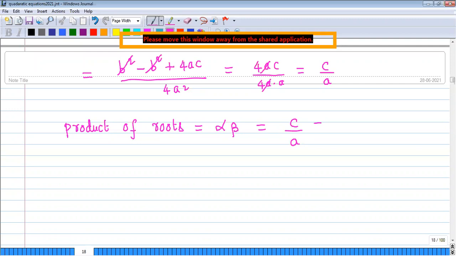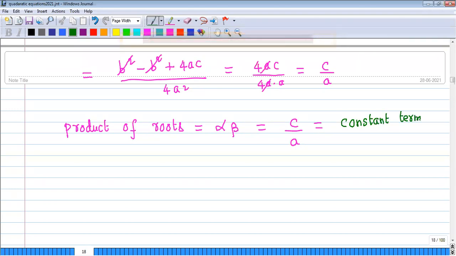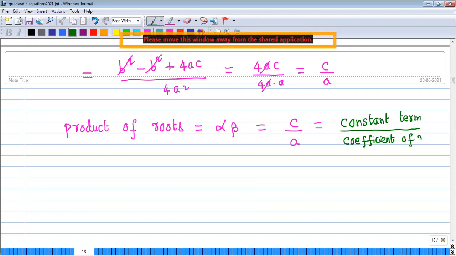This c by a we can write for our convenience like this: constant term of the given quadratic equation, positive only you need to take, upon coefficient of x square. It's clear now? Sum of the roots is given by minus b by a, whereas product of the roots is given by c upon a. So now we need to find out now modulus of alpha minus beta.